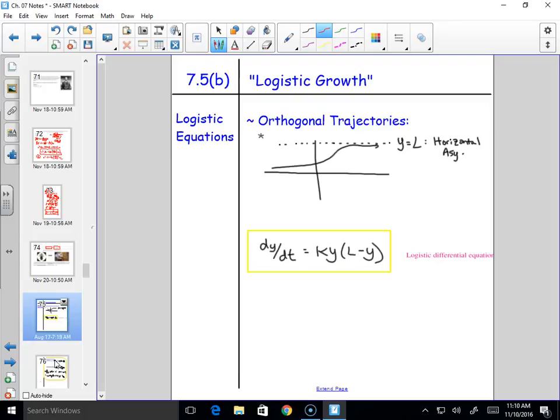So 7.5b, this is where we left off yesterday. Logistic equations. Keep that close because there are some really good word problems to do with logistics.